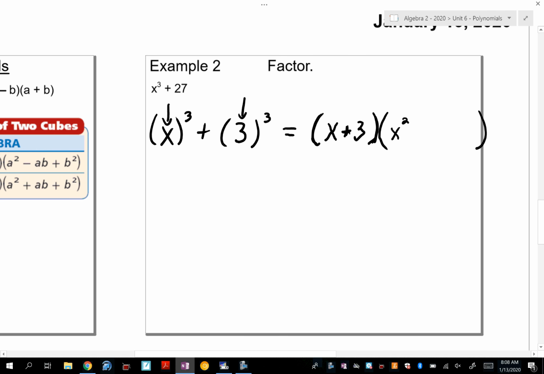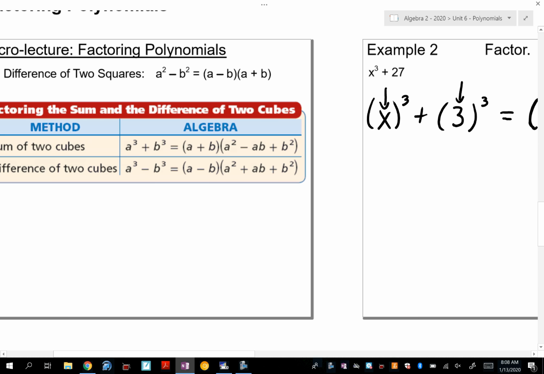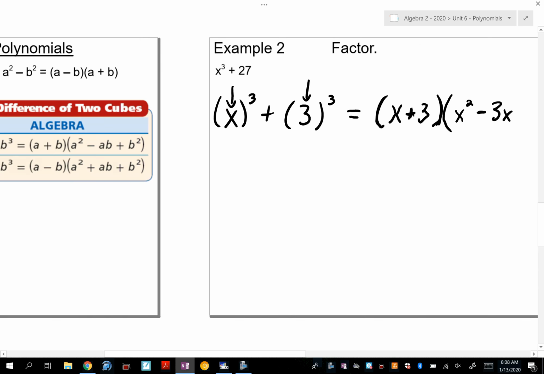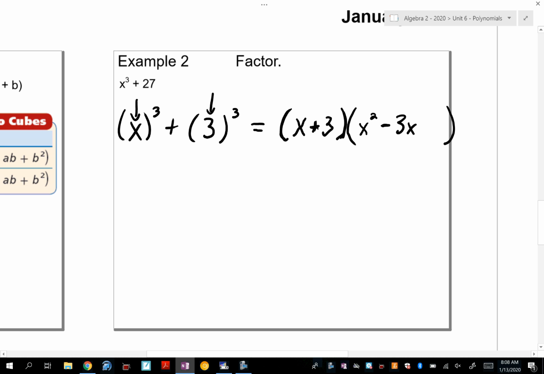So I'm going to write minus, and what's my a times b? X times 3, but we're going to write 3x. And finally, plus b squared. So this is my b, if you will. So I'm going to write plus, what's 3 squared? 9. And you did it. That's done.